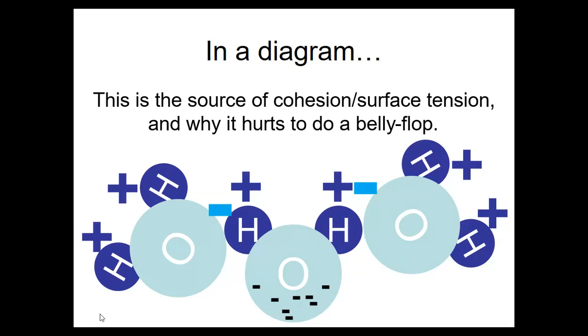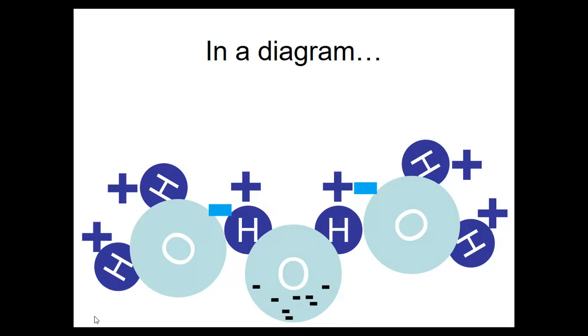So here we have a penguin that's going to go into the water and it's doing a belly flop, so that hurts. And that's because of the hydrogen bonding at the surface of the water. So there are hydrogen bonds there. And then we have our intermolecular forces and our intramolecular forces within the water molecule.